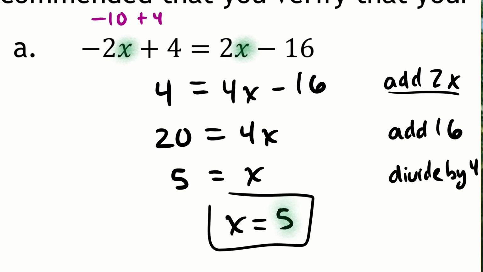On the other side, it's 2 times 5, which is positive 10, minus 16. Negative 10 plus 4 equals negative 6, and 10 minus 16 is also negative 6. Because these two values are exactly the same, they're both negative 6, I know that this is a solution. Why? Because it made the left-hand side and the right-hand side the same.